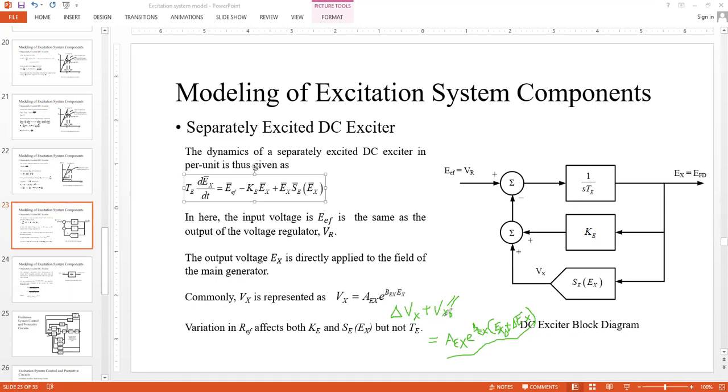Another way to do that is simply to apply the Taylor series expansion, and simply take the first order term. Don't go for the square terms; truncate the higher order terms.